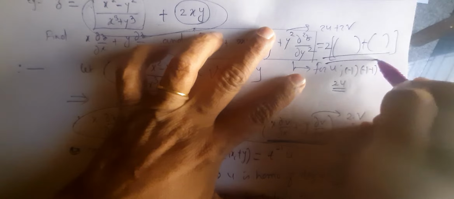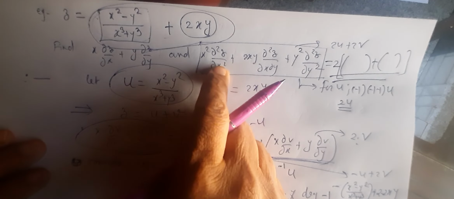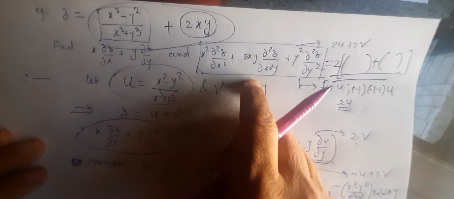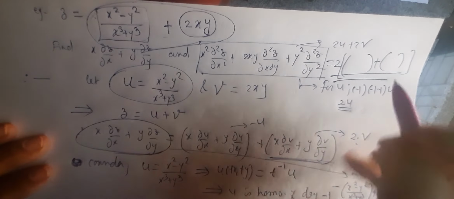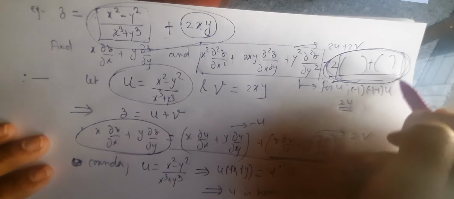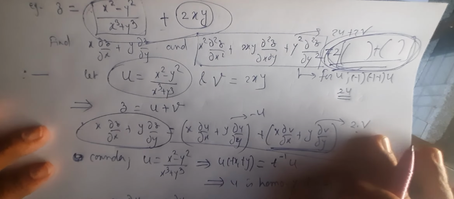And if you actually calculate all these derivatives, with respect to x, again with respect to x, multiply by x², here y, then x, and add them, you are going to get back this answer. See, Euler's theorem has made it so easy.